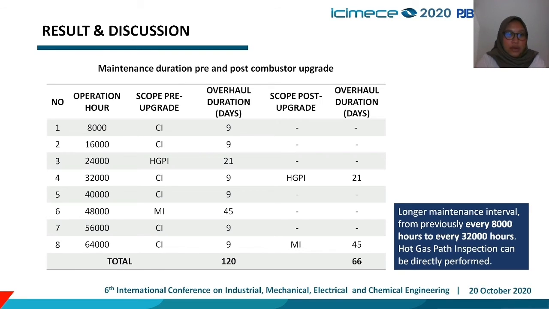In an 8 years period, we can see that before the upgrade, every 8,000 hours we need to perform maintenance or combustor inspection, and then after 24,000 hours, we perform a hot gas path inspection, and at 48,000 hours, we perform a major inspection.